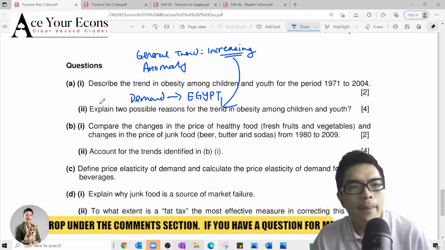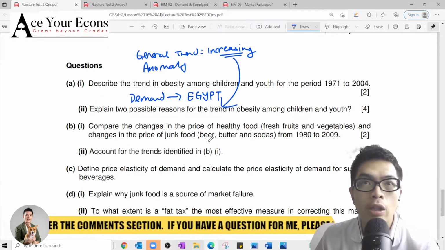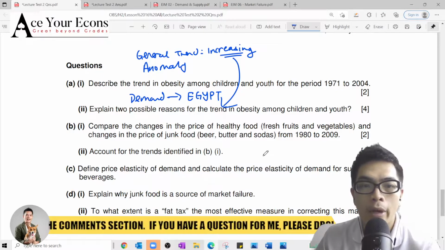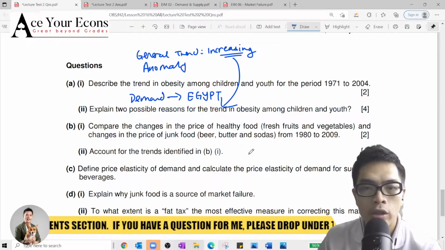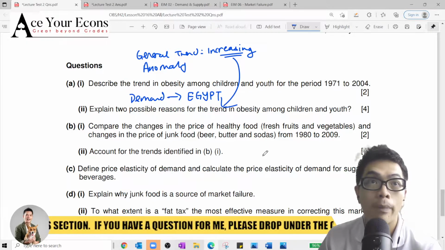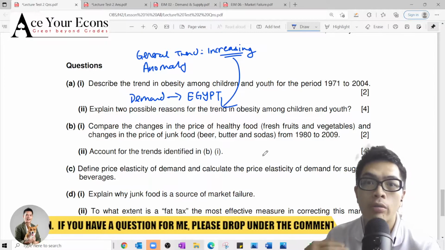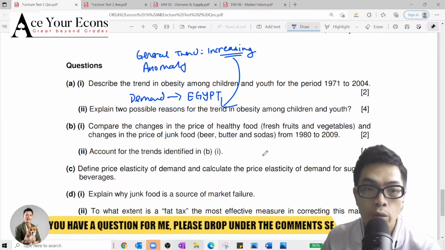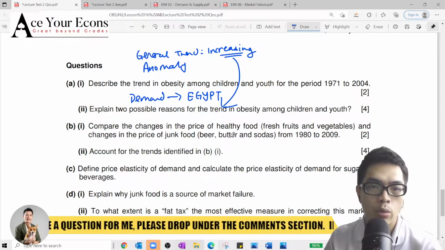Because just like A part 2, if your B1 is wrong, if you did not identify that the price of junk food is increasing, there is no way you can score full credit for B part 2. It's rubbish in, rubbish out. So make sure you score B1 first, then we can safely address B part 2.